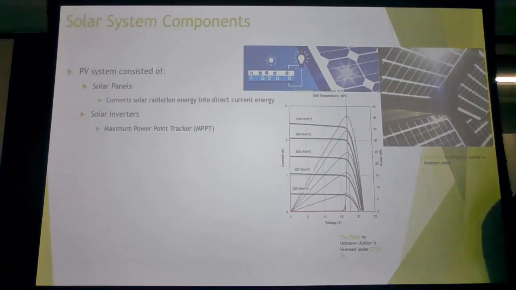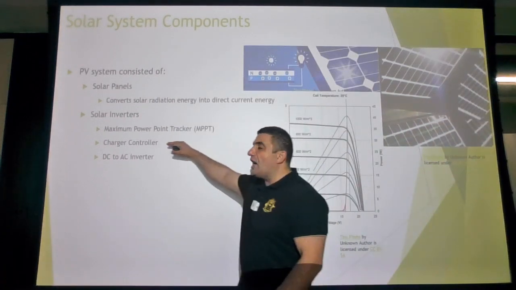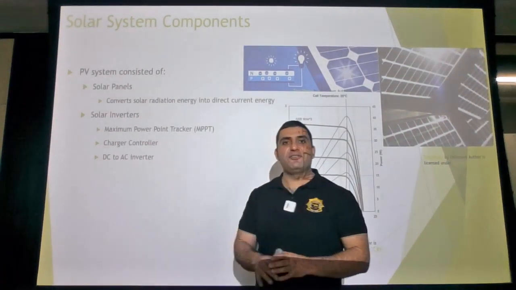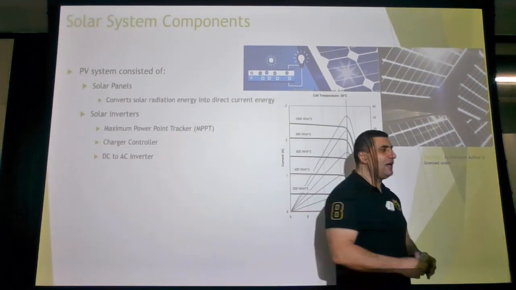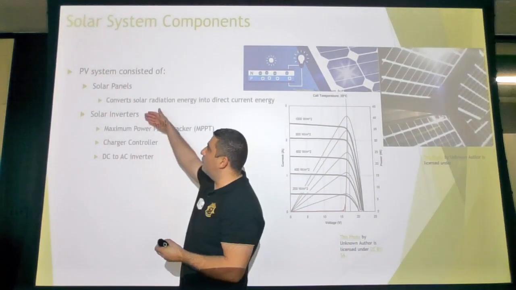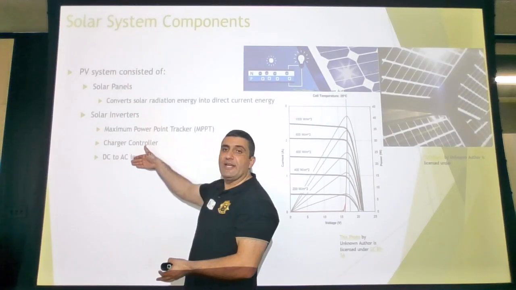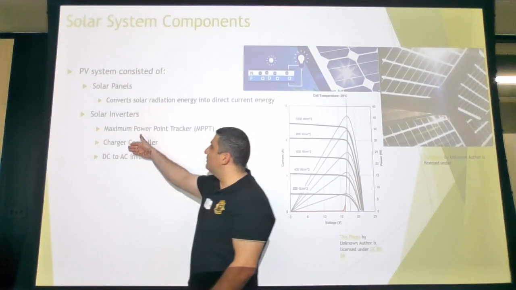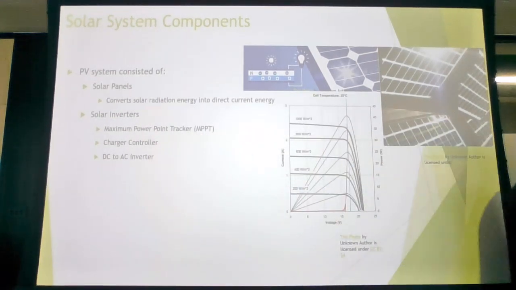That's the main role of your MPPT. Then you will have your charger controller because you will need to charge your batteries. If you have a battery system that is not grid connected, you need a charger controller, and then you need a DC to AC inverter to invert the solar power and the charger controller and batteries into AC for house usage.